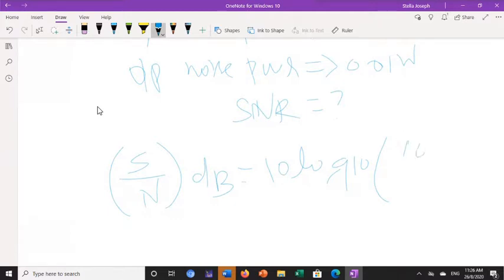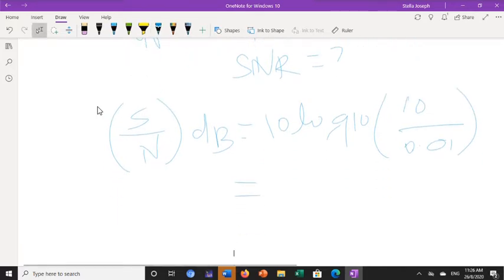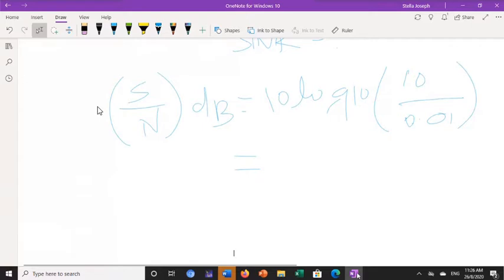So 10 watt is the output signal power divided by 0.01. Calculate and tell me what is the value of 10 log 10 of 10 upon 0.01. It is 30.